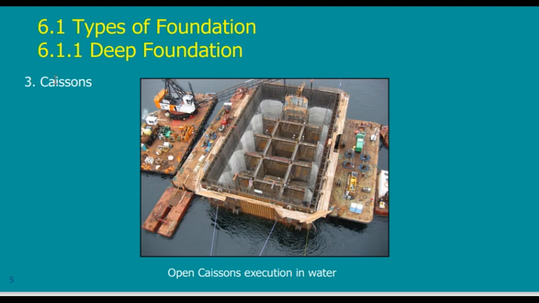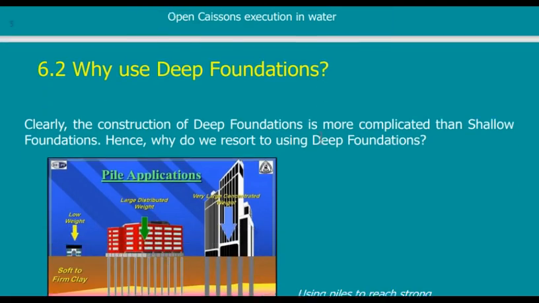The caissons do the same, but they are much bigger and stronger, and they may be circular, square or rectangular, similar to this one. These are very good to be used inside water. If I need to reach the bottom of the water, how do I do this? Then I have to use a structure like this and put my loads on top of it.